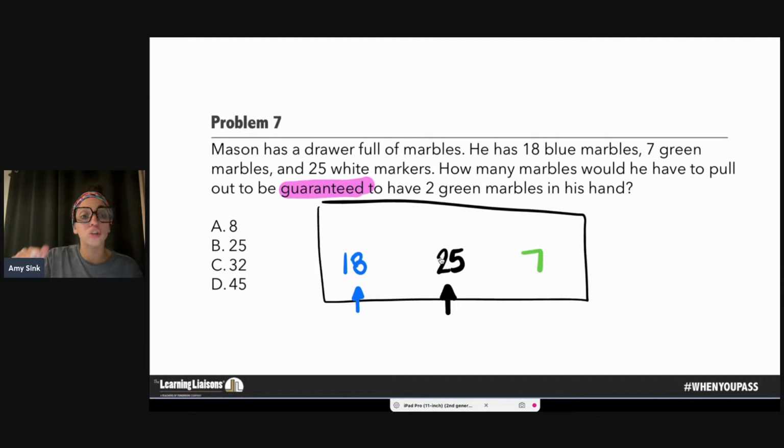And so I can pull 2 marbles out, and now I'm guaranteed to have 2 green marbles in my hand. So let's add 18 plus 25 plus 2. 18 plus 25 plus 2 equals 45.